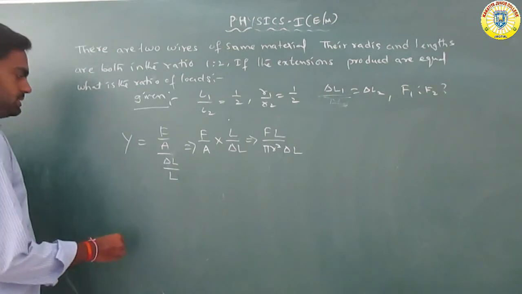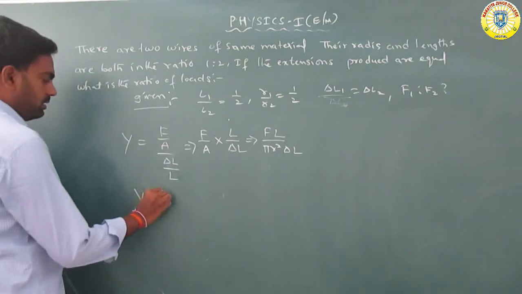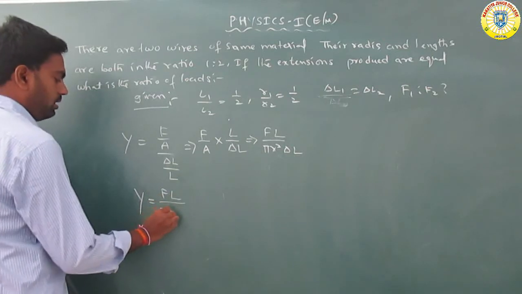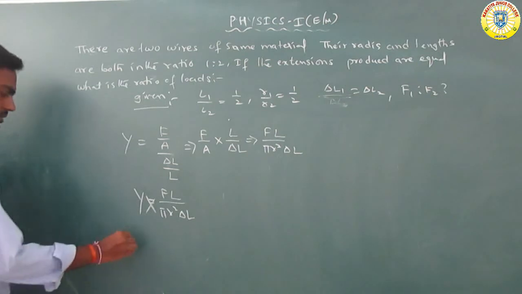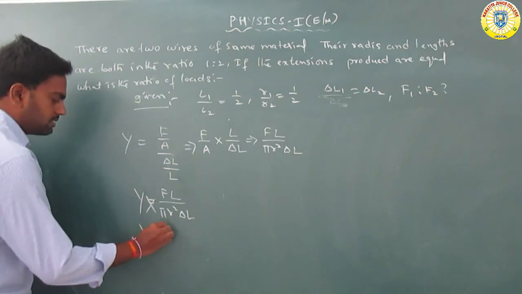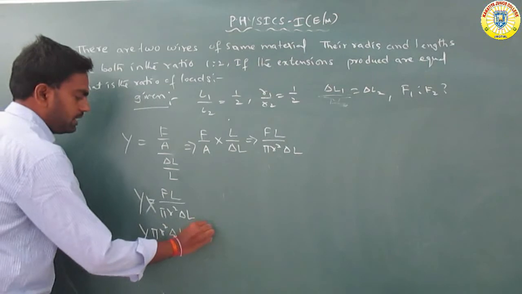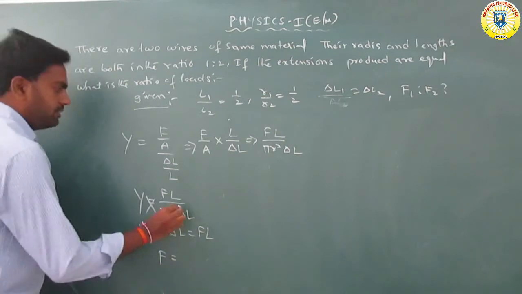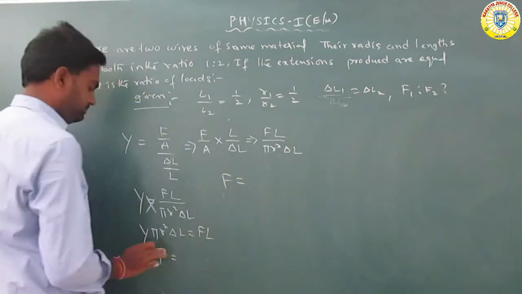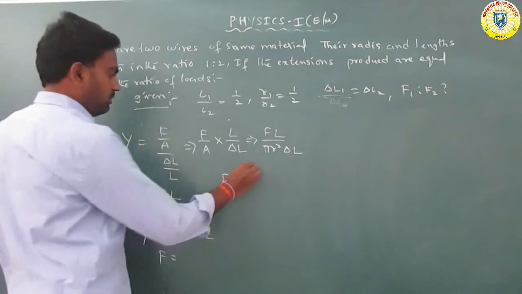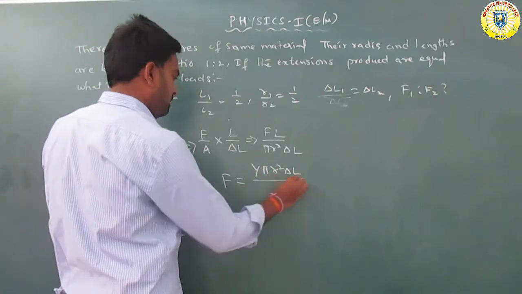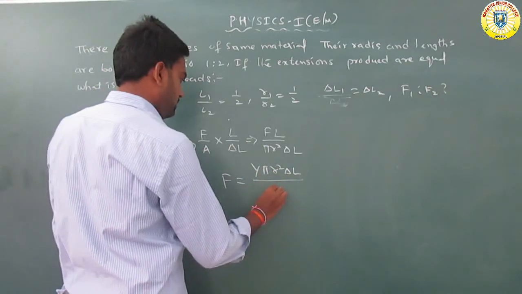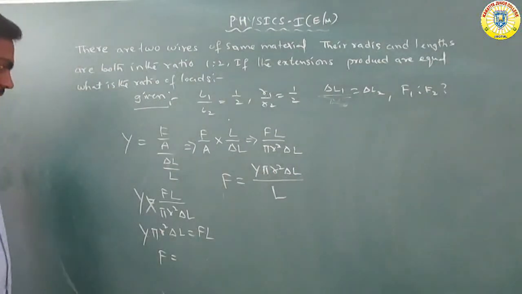So Young's modulus Y is equal to F L by pi r square delta L. Cross multiplication taken: Y pi r square delta L is equal to F L. So F is equal to Y pi r square delta L by L. Okay, got it.